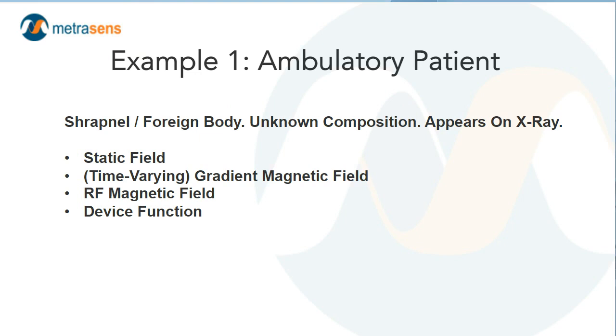So we're going to do what is frequently referred to as a 3 buckets analysis, or canal method analysis, where we look at the 3 electromagnetic fields: static field, time-varying gradient magnetic fields, and the RF magnetic fields. And we're going to look at the potential risks or potential harms to the patient that arise from each of those 3. And then the last category, device function, relates to implants and devices.